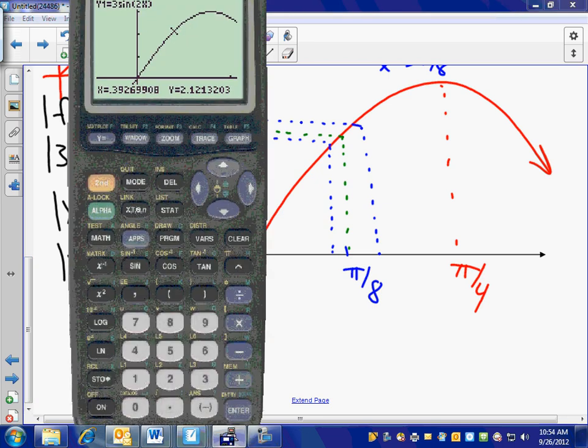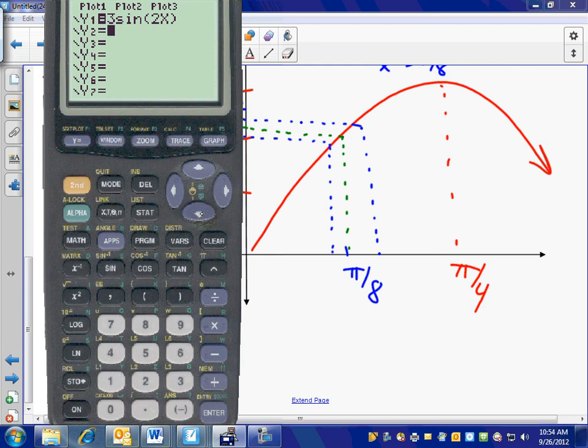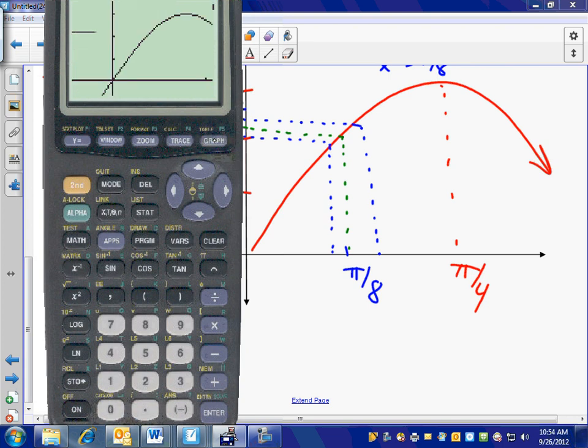Now I go to my calculator. What do I type into y equals? 2.22 and 2.02. And I hit graph. Did I catch both of them? I did. So now I just need those intersections.